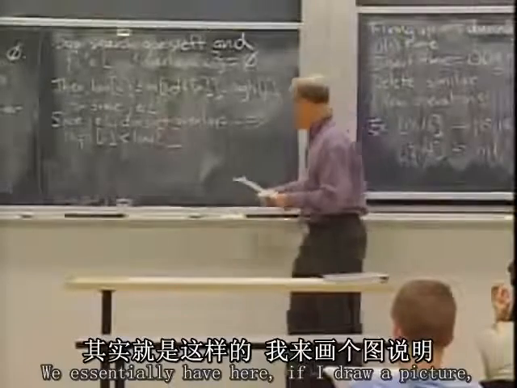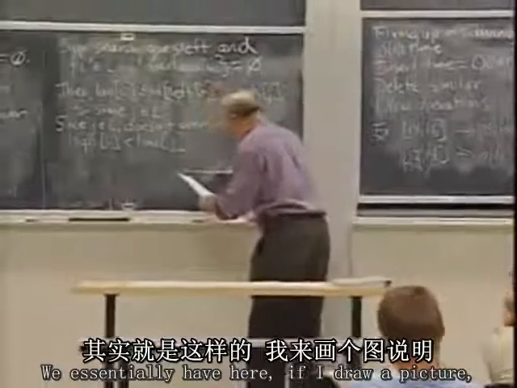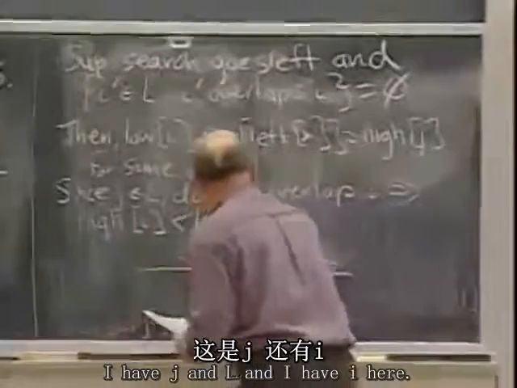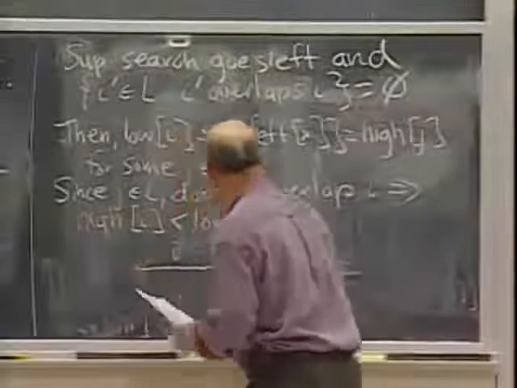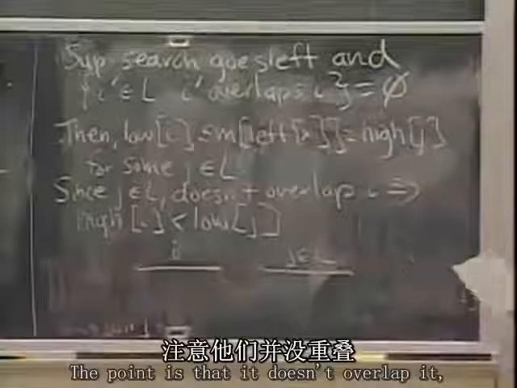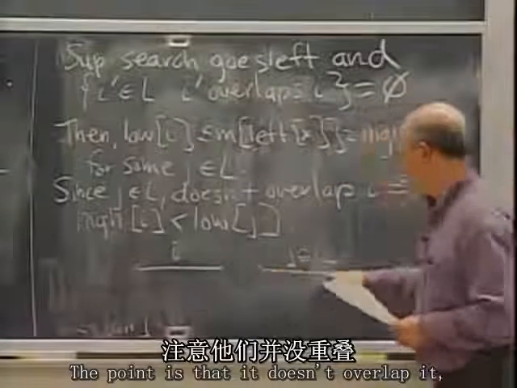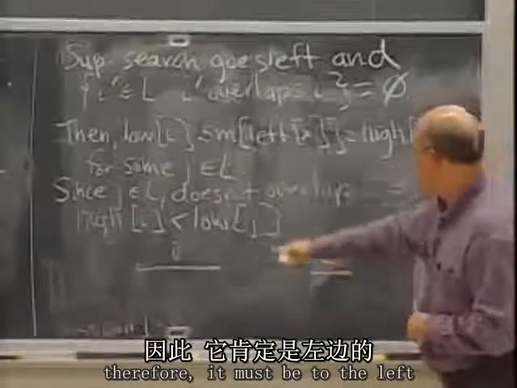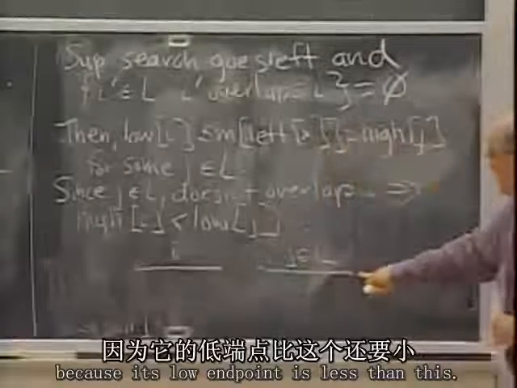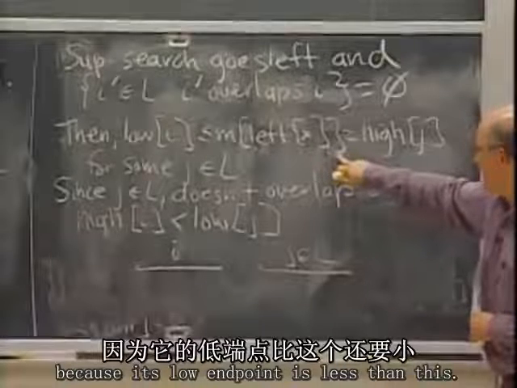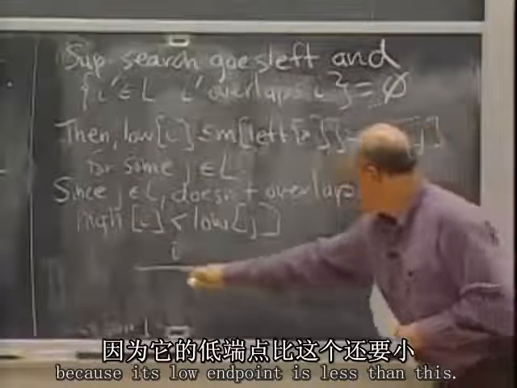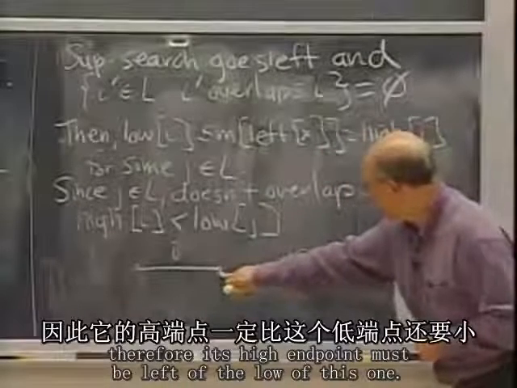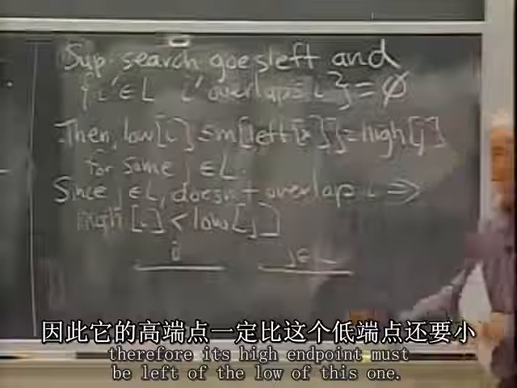If I draw a picture, I have j in L, and I have I here. And the point is that it doesn't overlap it. So therefore, it must be to the left, because its low endpoint is less than this, but it doesn't overlap it. So therefore, its high endpoint must be left of the low of this one.